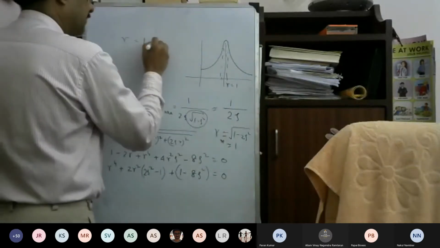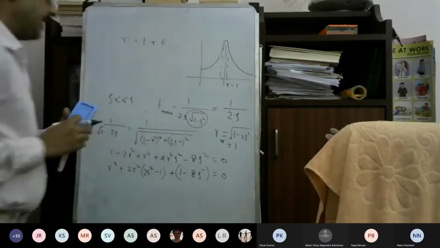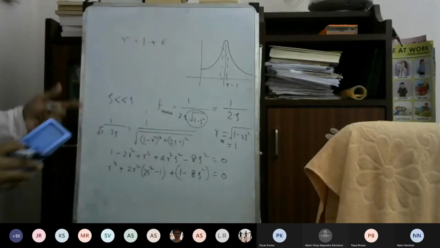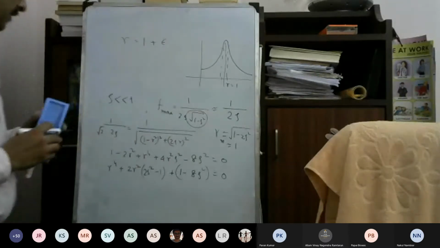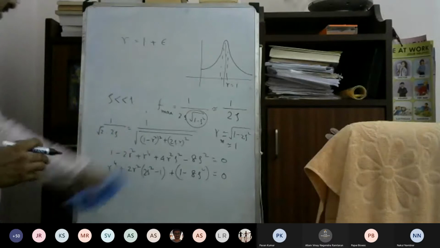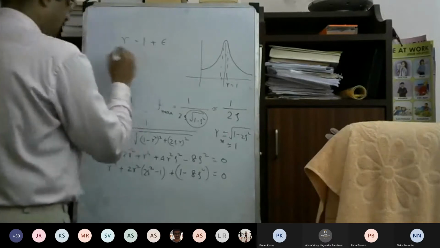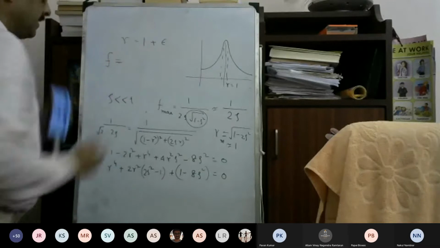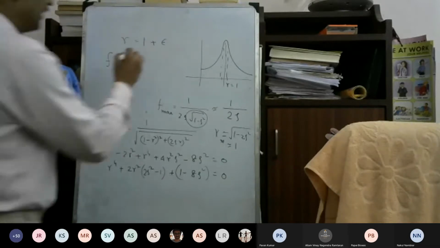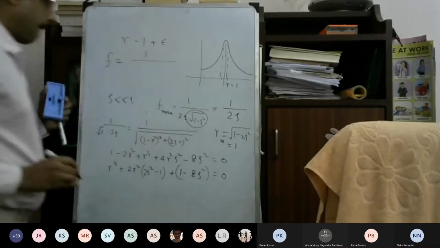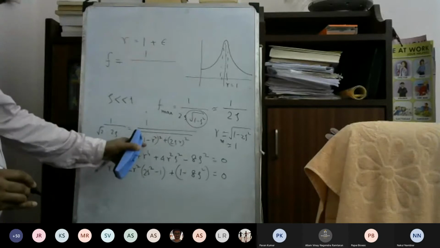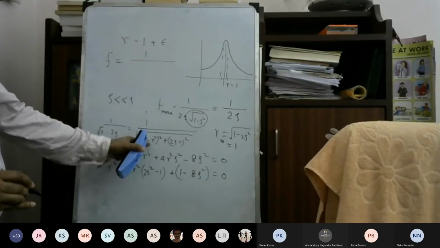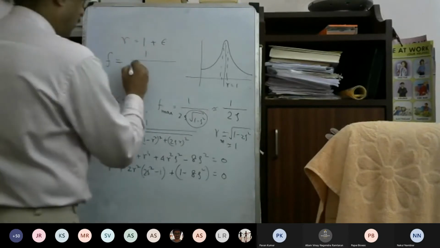So R equal to 1 plus, let us say, epsilon. In that case, F will be equal to 1 divided by 1 minus R square.